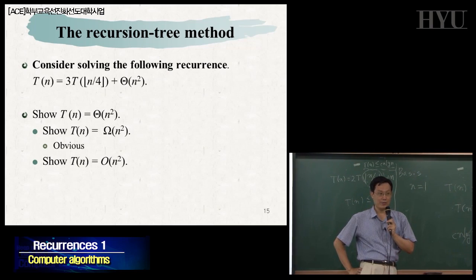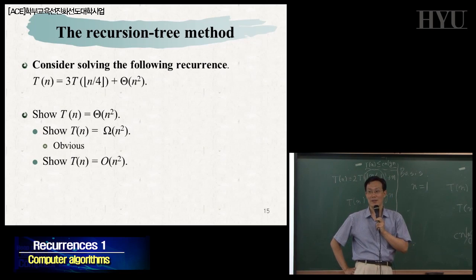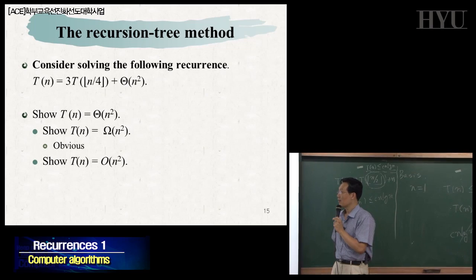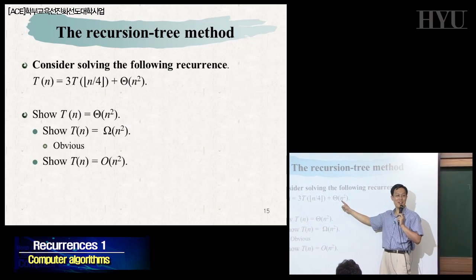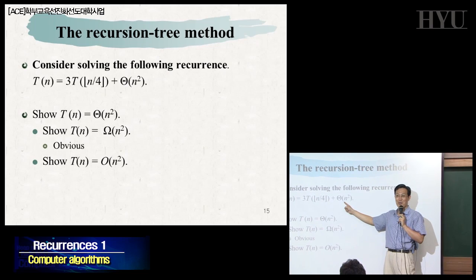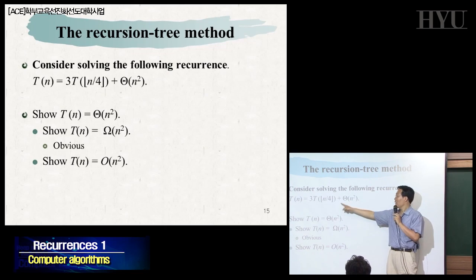It's not difficult. You don't have to use any method. Yes. Look at this. There is a quadratic term here. So the degree of T of n is 2 or more.